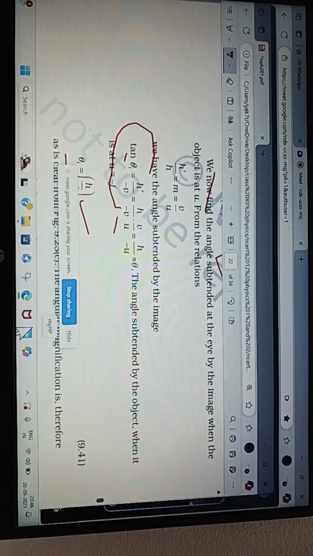That is equal to H by minus V, V by U. How has it come? Magnification is equal to H dash by H, and magnification is equal to V by U. So if you equate them and take H dash to the other side, you get H dash is equal to H into V by U, and if you substitute the value of H dash, you get the same equation.